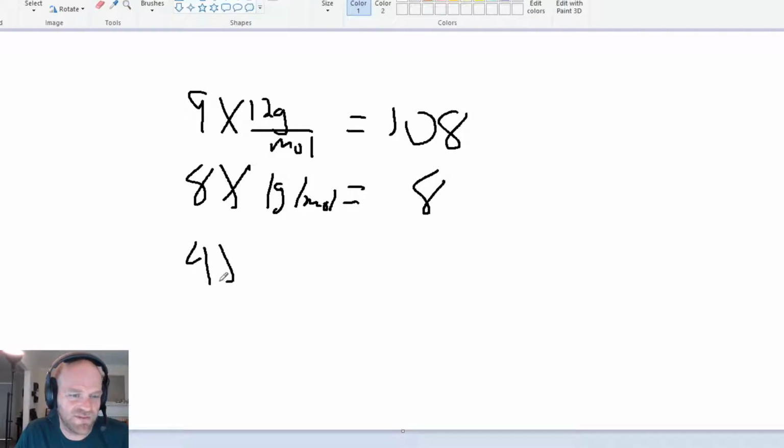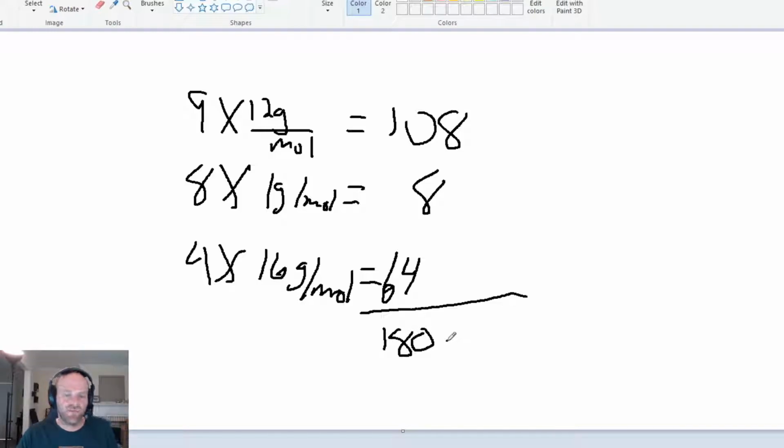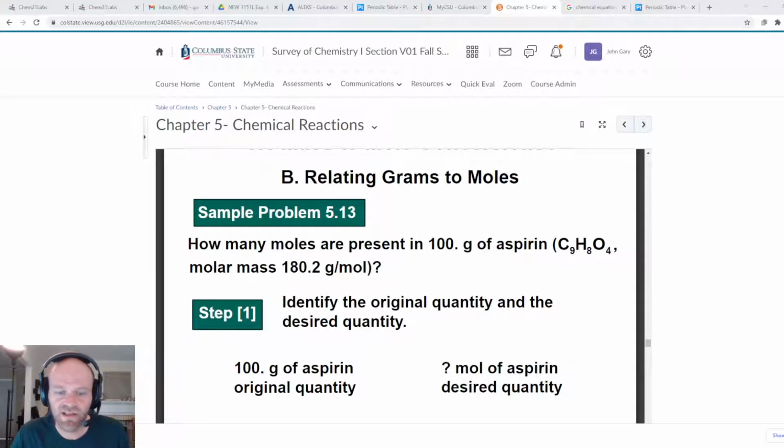And 4 times, I think 16 is oxygen, grams per mole. 64. 72. 72 plus 108 is 180. Alright? So that's how you can calculate the molar mass on your own in case they don't give it to you. Alright, just in case you see that later.